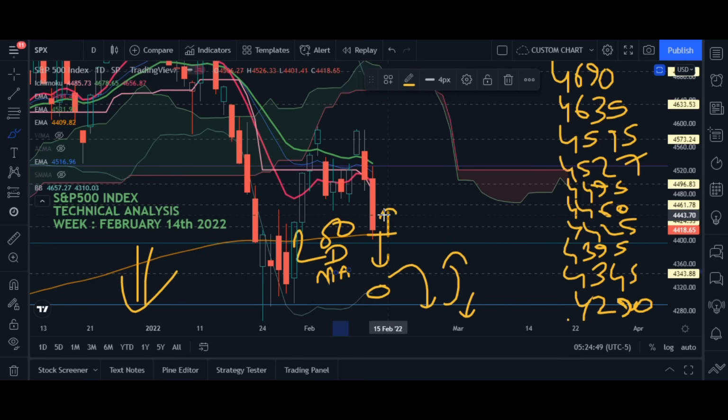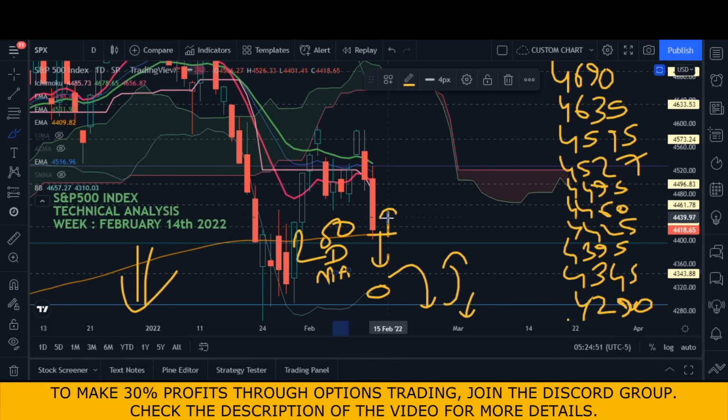If it manages to close above the 200-day moving average on Monday, which means there will be two consecutive closings above it, in that case yes, the market will retrace. So this is how the market is going to work next week.